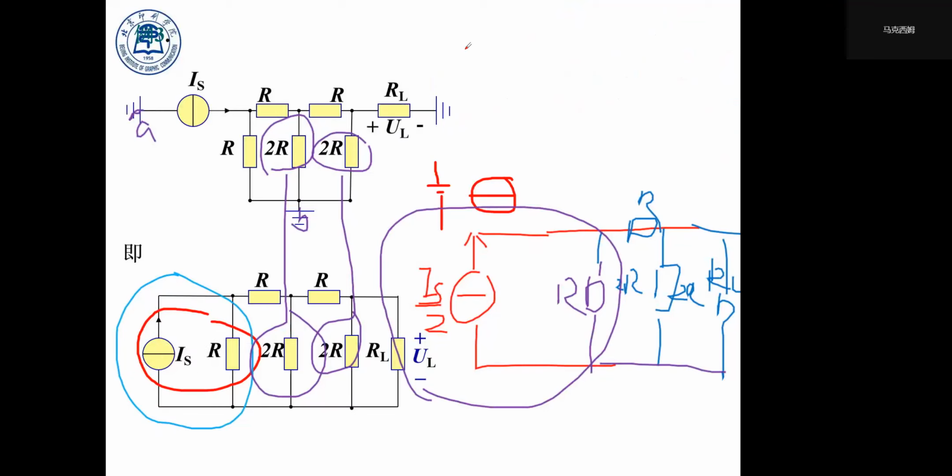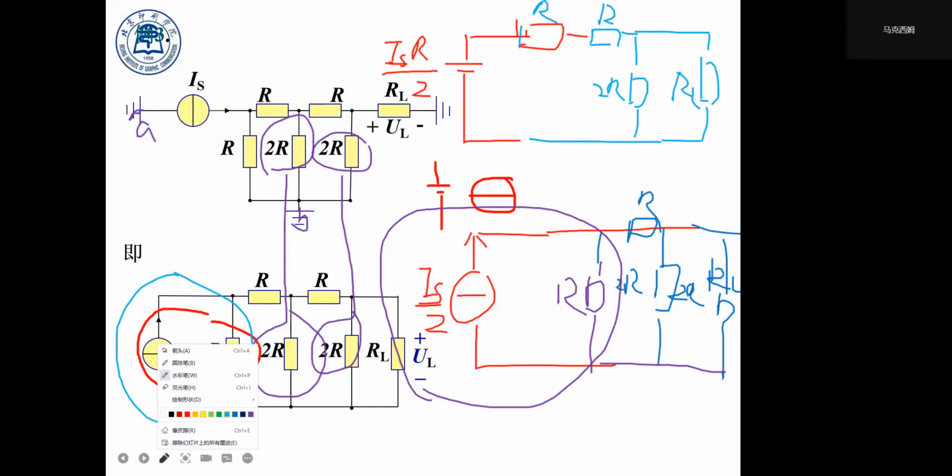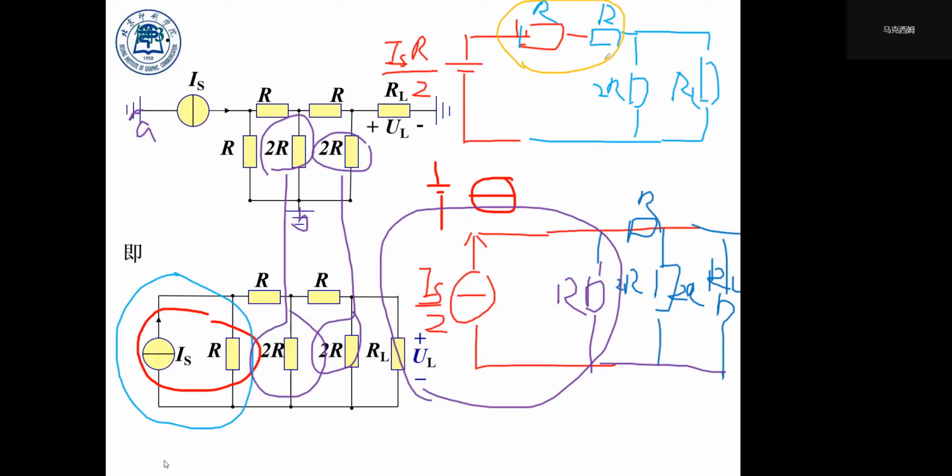So we have a voltage source with half of S, and you see that those two are in series connection, so one single resistor.